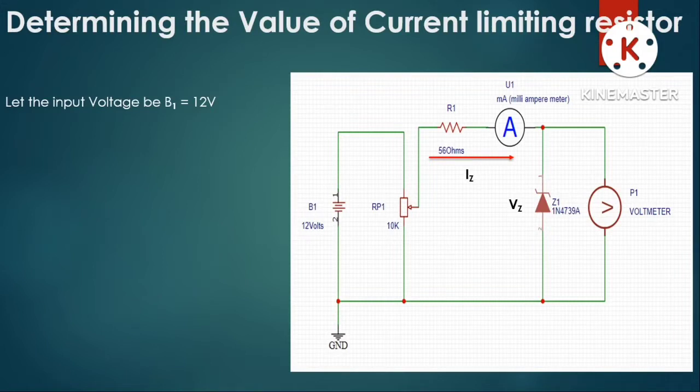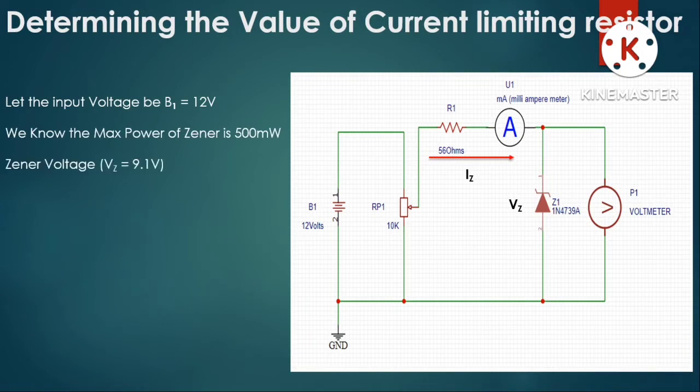The two fixed terminals of the potentiometer are directly connected across the source, and the middle terminal is connected to the current limiting resistance. The other end of the current limiting resistance is connected to the ammeter, and the other end of the ammeter is connected to the reversely connected Zener diode. Here the Zener diode is of 9.1 volts, and the voltmeter is connected directly across the Zener diode.